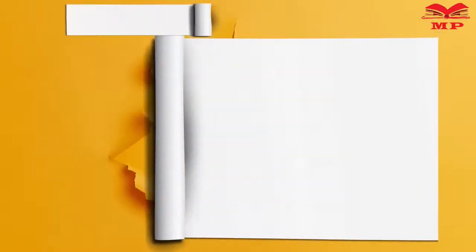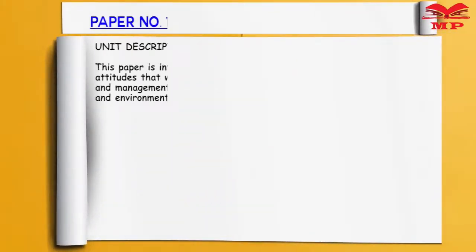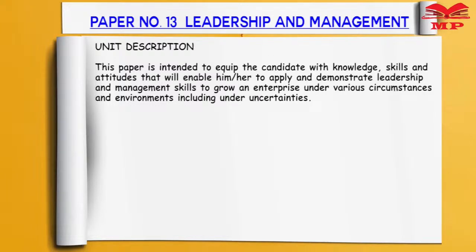The unit description is as follows. The syllabus reads that this paper is intended to equip the candidate with knowledge, skills, and attitudes that will enable him or her to apply and demonstrate leadership and management skills to grow an enterprise under various circumstances and environments, including under uncertainties.